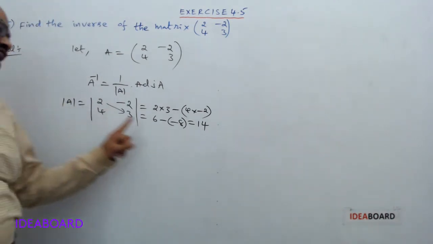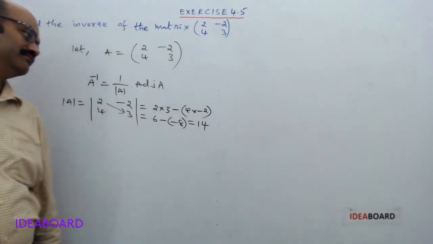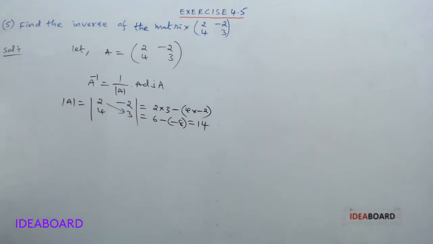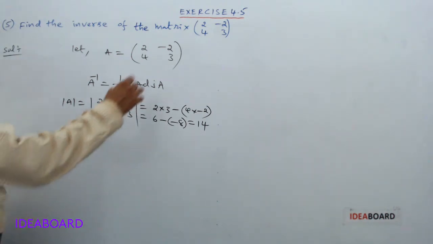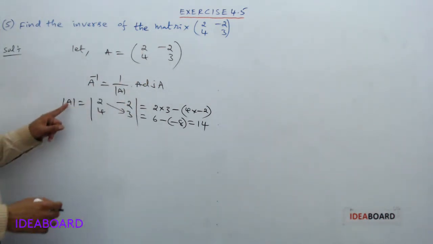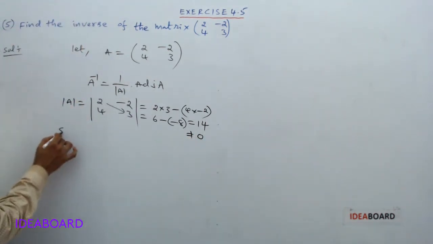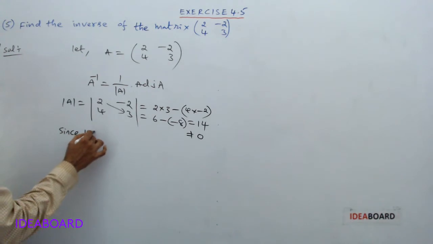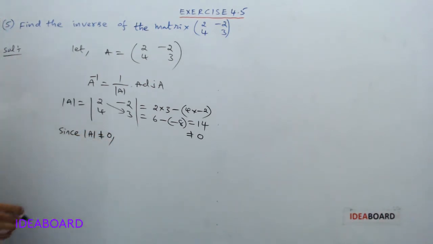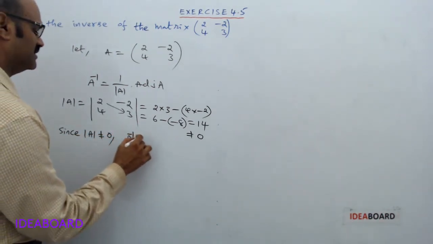So det A equal to 14 here. Now, since det A not equal to 0, the inverse exists. Since det A not equal to 0, A inverse exists.